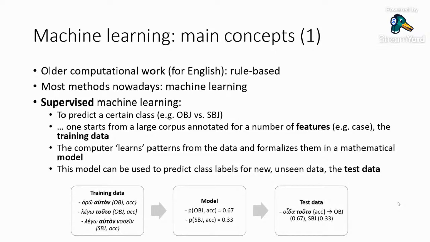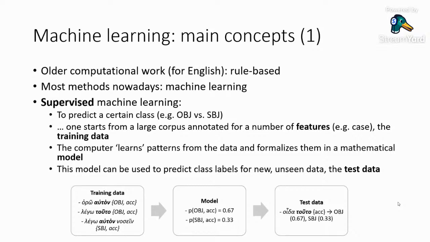First of all, we have so-called supervised machine learning, which refers to the computer learning information about a certain class, for example, the syntax of a Greek or Latin word, from a large corpus.